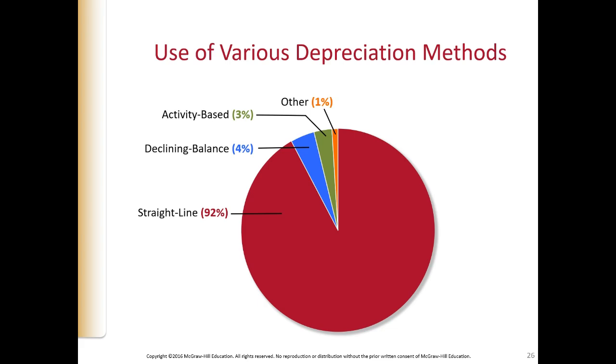Now, yes, the deduction does turn around and is lower in later years, and you will pay more taxes in later years. But when you take into consideration the time value of money, a dollar today is worth more than a dollar in the future, then you'll want to save taxes today, and then pay a little bit more taxes with lesser value dollars in the future.